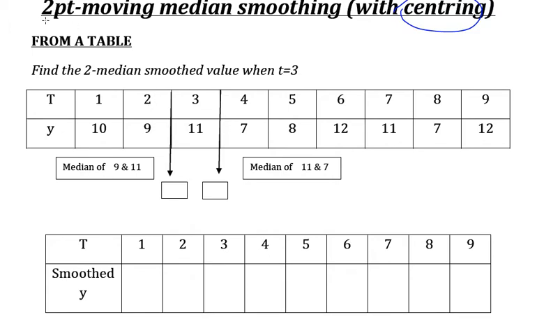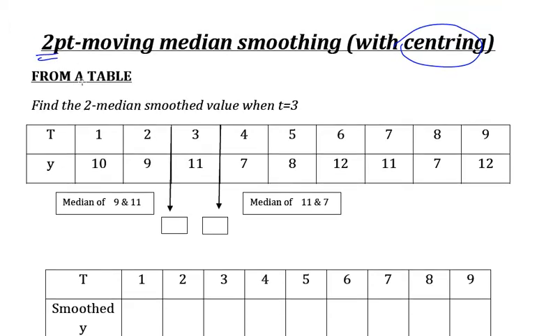So we know when we've got an even number that we can't find the moving mean or the moving median the same way. We have to do this process called centering. We actually have to find the smooth value on either side of the time period we're given. So in this case, when t equals 3, we need to find the value for either side of that 3.